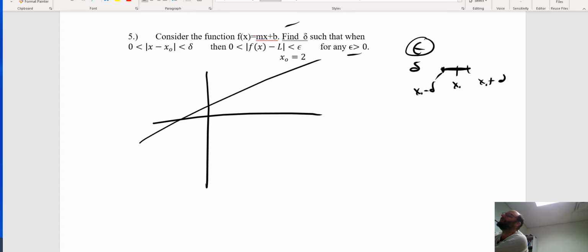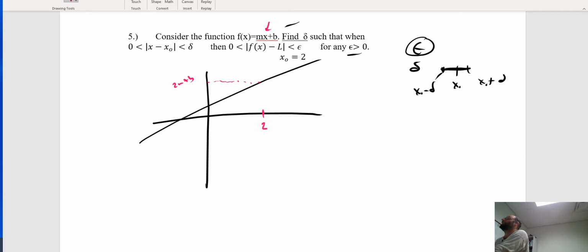What I usually do with these is take it side by side here. So this is 2. Now here is our limit, which would be 2m plus b, just by putting a 2 right there.